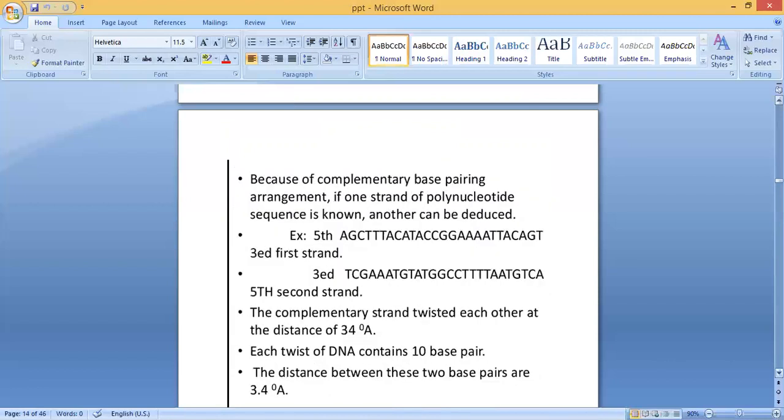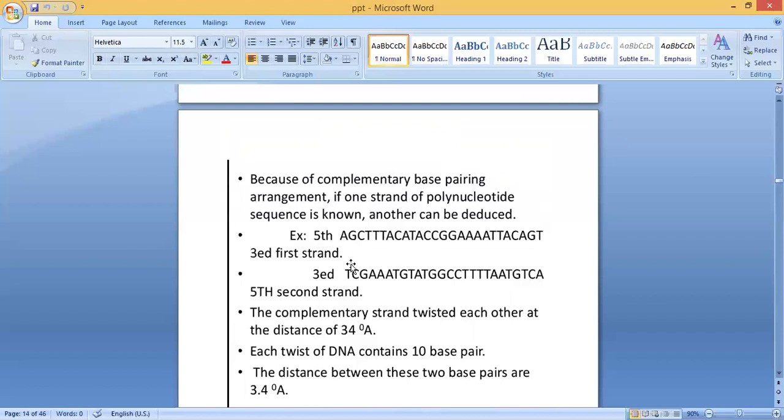Because of the complementary base pairing arrangement, if one strand of a polynucleotide sequence is known, the other can be deduced. For example, they gave one 5' strand: A, G, C, T, T, T, A, like that. You can see here it is always adenine pairing with thymine. So if you get one strand, you can easily write the second strand.